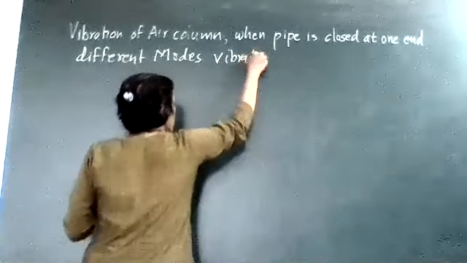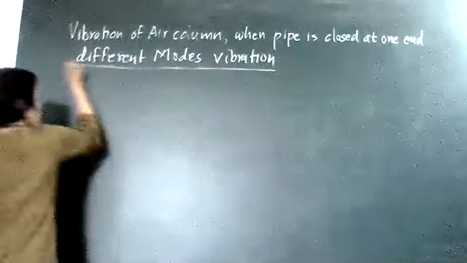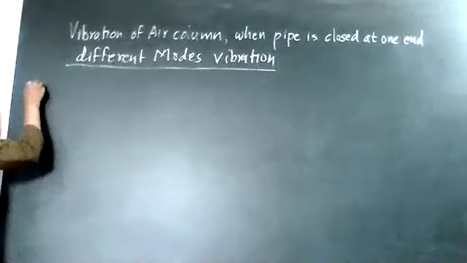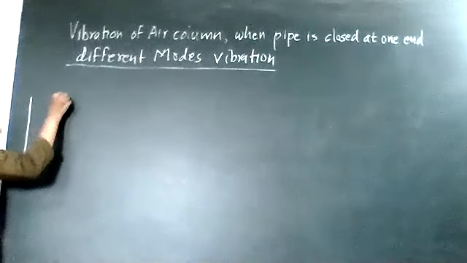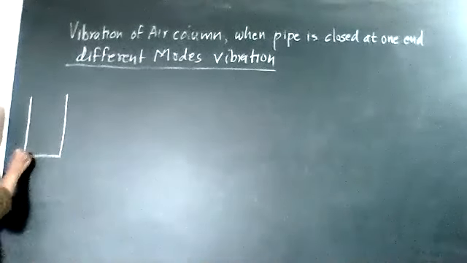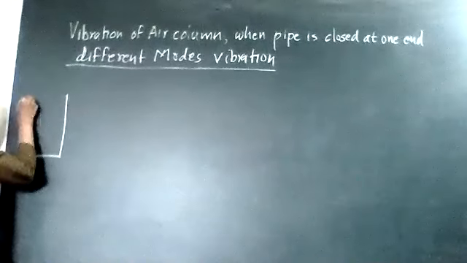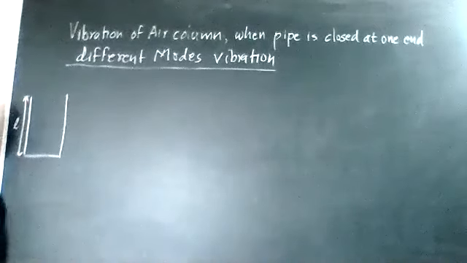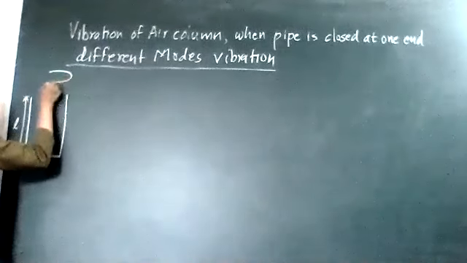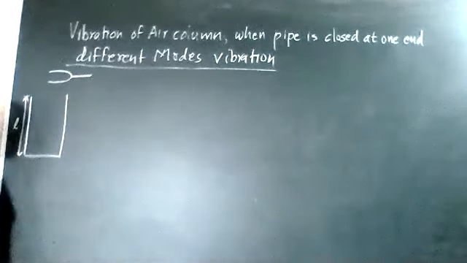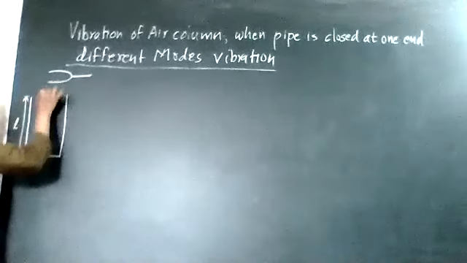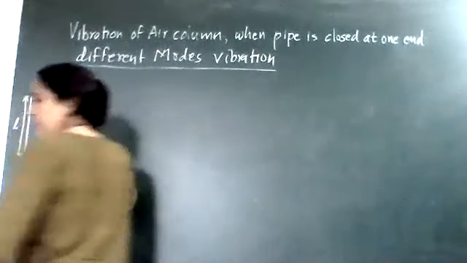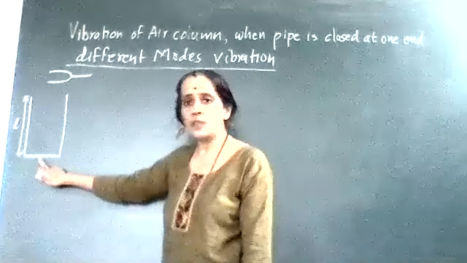The very first case: the pipe is closed at one end, and the length of the pipe is small l. At the open end, a tuning fork will be placed. The tuning fork will be sending the sound waves, and that sound wave will get reflected from the closed end.